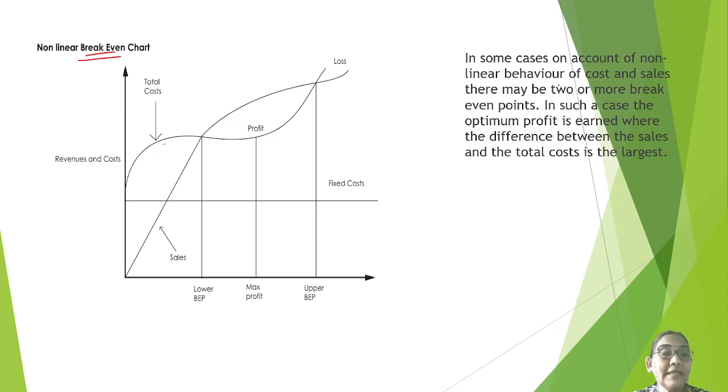In some cases, on account of non-linear behavior of cost and sales, there may be two or more break-even points. In such a case, the optimum profit is earned where the difference between the sales and the total cost is the largest. This is where the profit would be the highest. Otherwise, there could be multiple break-even points.